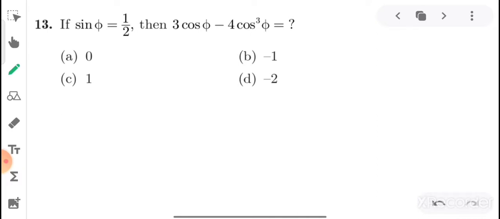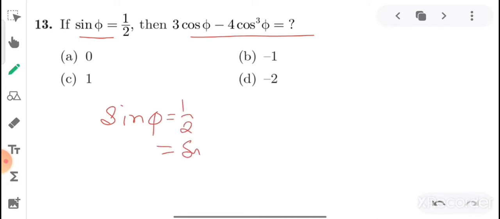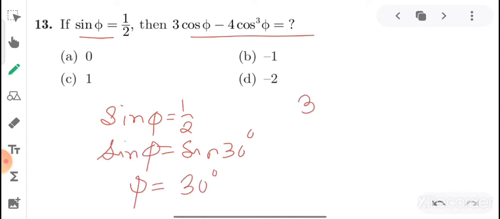Here sin phi equal to half, we have to calculate this value. At first we know half means sin 30 degree, so phi equal to 30 degree. Hence 3 cos 30 degree minus 4 cos cube 30 degree. The value of cos 30 is root 3 by 2.